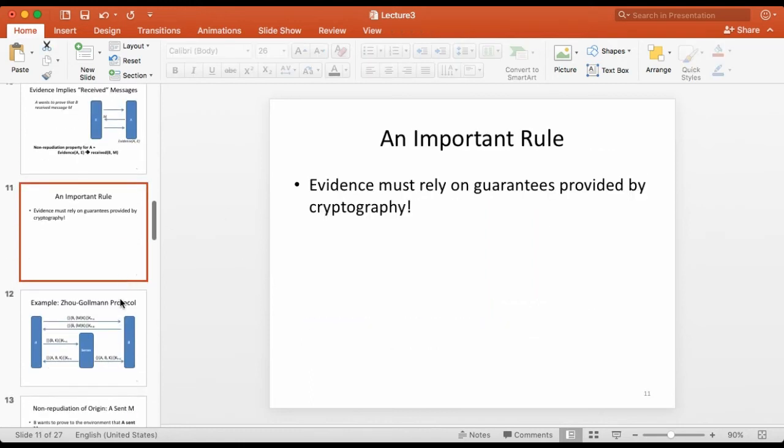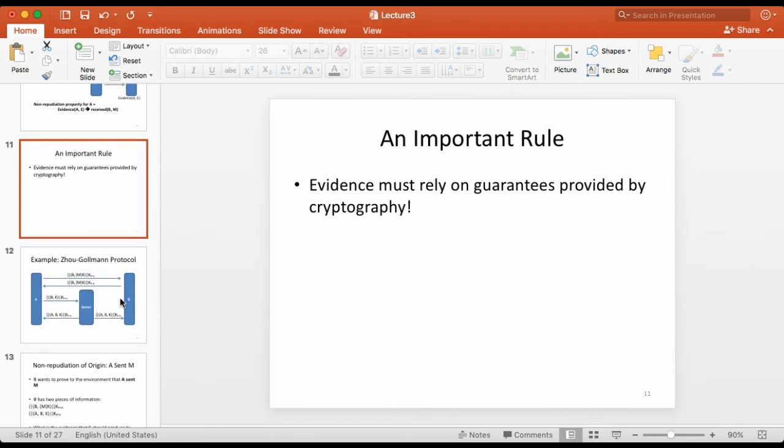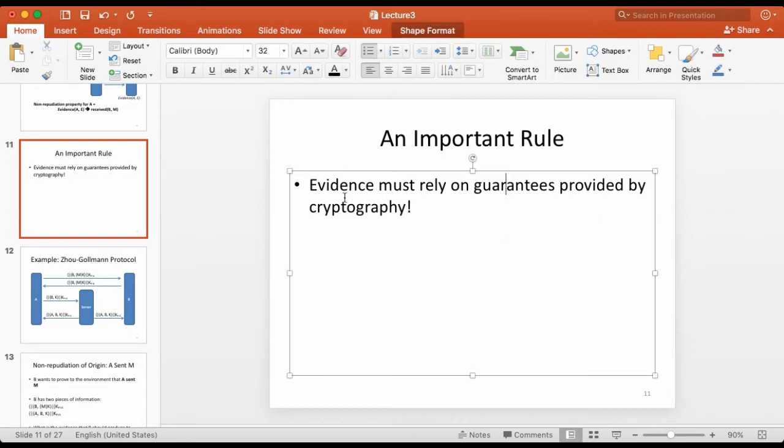And of course, a very important rule, and this rule, as I mentioned last time, still applies here, and it will always apply, is that any evidence, any proof you are essentially trying to arrive at or conclude must rely on guarantees provided by cryptography.